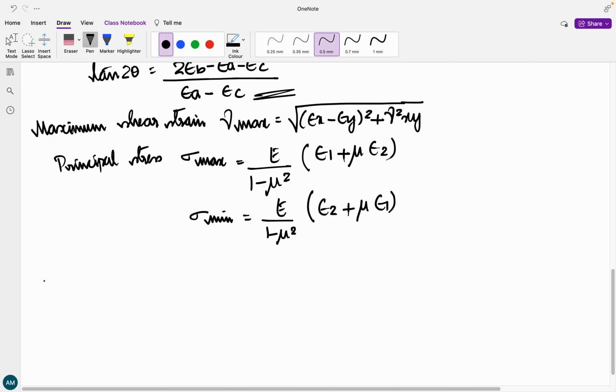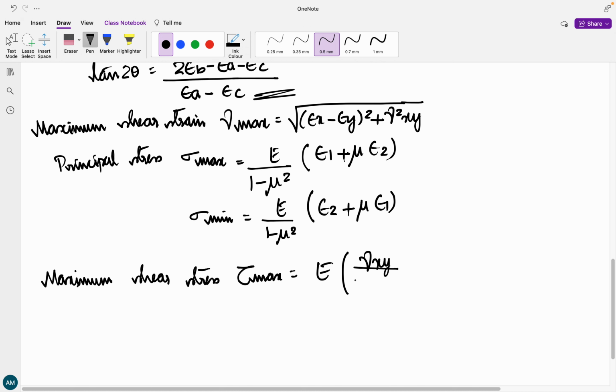Then we have found out maximum shear strain. We can also find maximum shear stress, that is tau max, which is E times gamma xy by 2 times 1 plus mu.